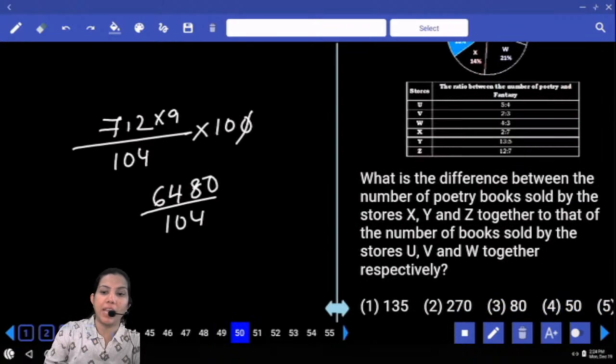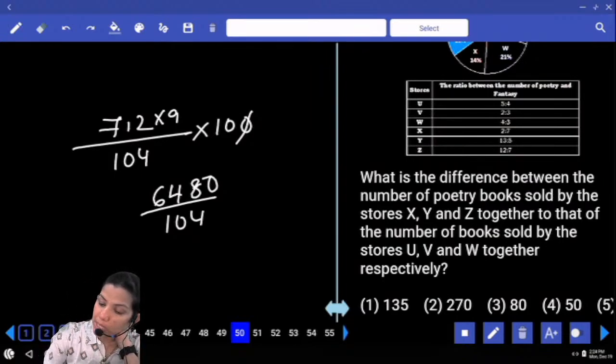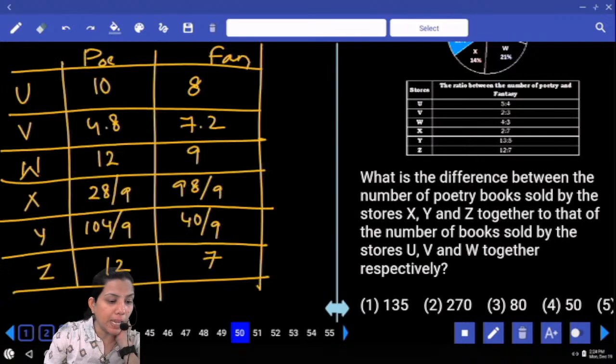Next, question number 50. What is the difference between the number of poetry books sold by the stores X, Y, Z together to that of the number of books sold by the stores U, V, W together respectively? Difference between the poetry, I am talking only about poetry. What is X, Y, Z poetry value? 108 24 together.